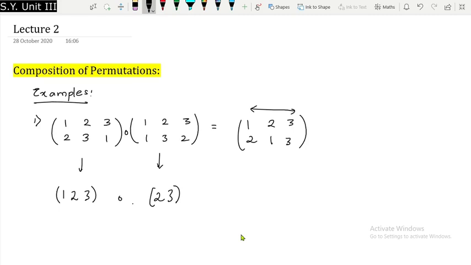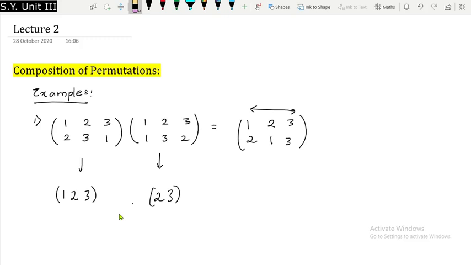And remember there is a composition between these two permutations, but I am not writing this sign of composition because it is understood from the context only that we are taking composition, but generally the word product is used. Because we don't write anything over here, right? So sometimes it is also called the product of permutations.